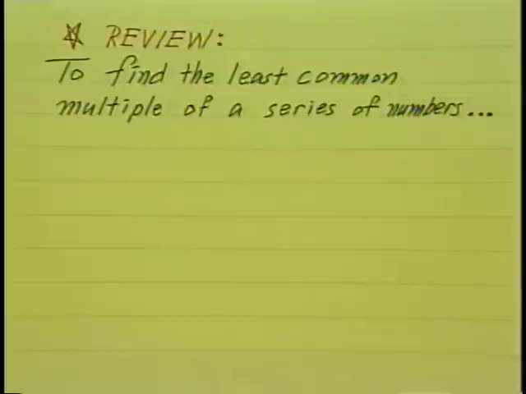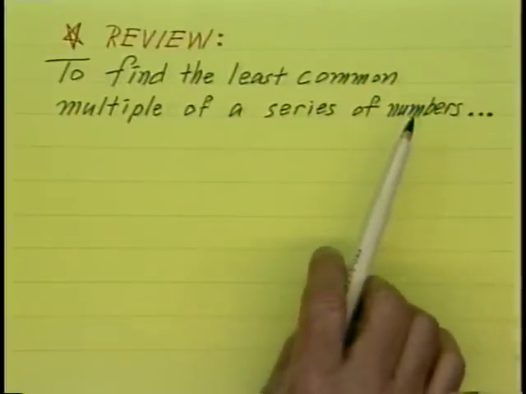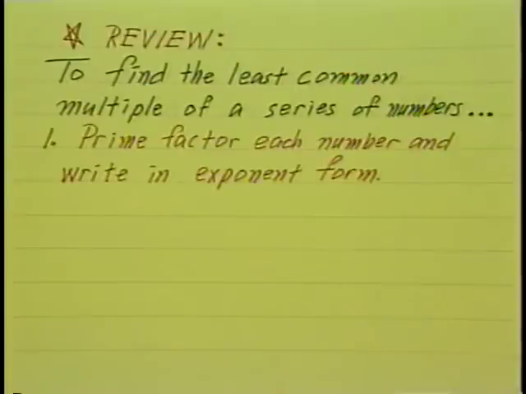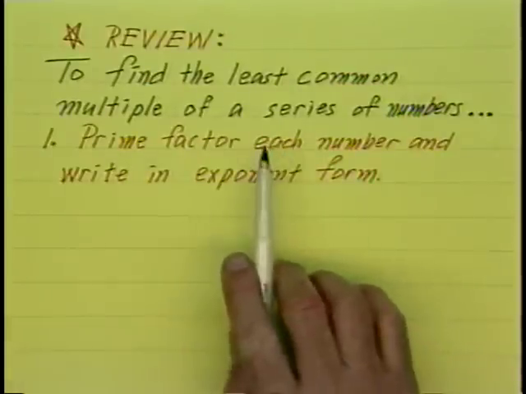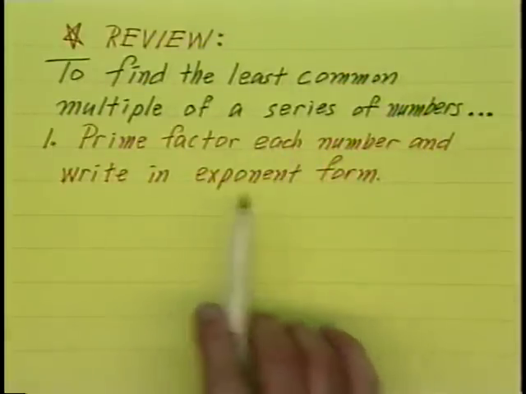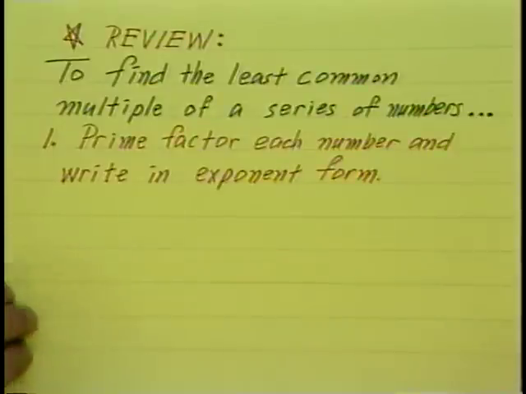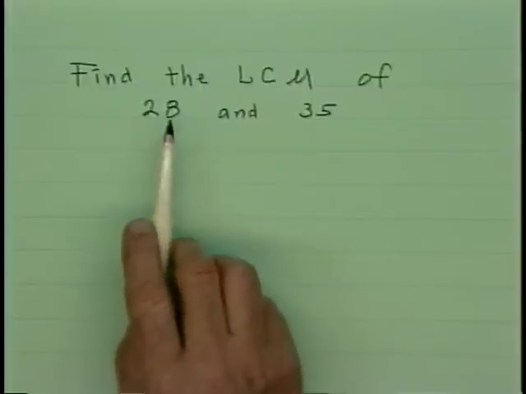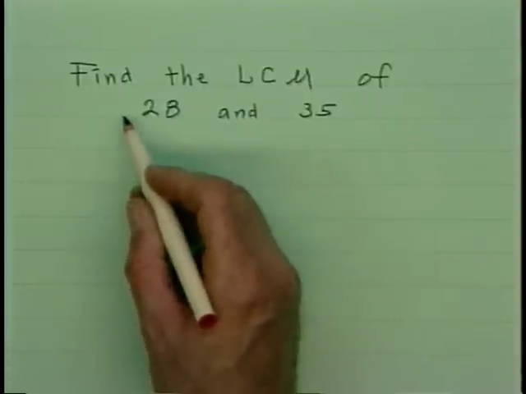To find the least common multiple of a series of numbers, in our case just 2, the first thing we were asked to do was to prime factor each number and write in exponent form. So we are asked to prime factor 28 and write it in exponent form. So rather than take our time here, I'll presume that you can do this now.